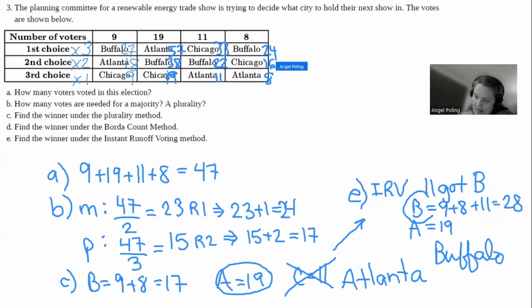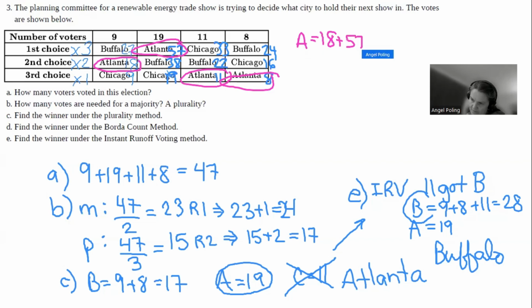Okay, check. Now, when we look at Atlanta, Atlanta's getting 18, 57, 11, and 8. So Atlanta has 94 votes.